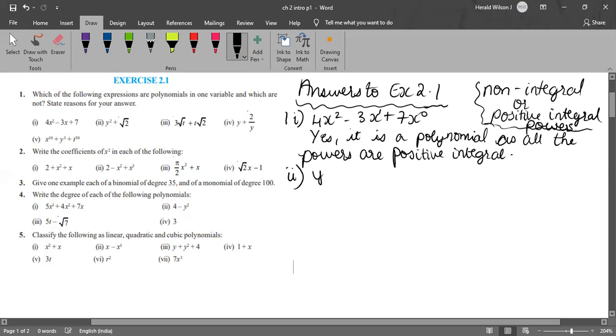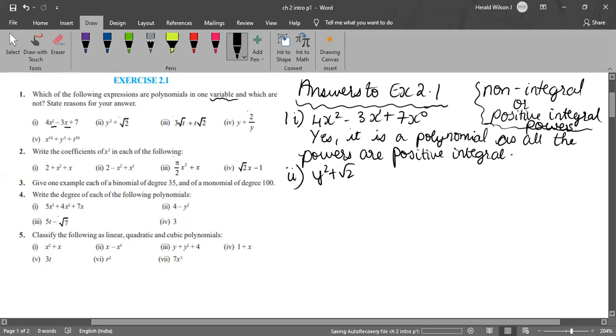Second part is y square plus root 2. Y square plus root 2. So is this a polynomial according to you? Look here. Now in this question they're saying which of the following expressions are polynomials in one variable and which are not. Look here, we are underlining the word variable, so you need to look only at the variables.